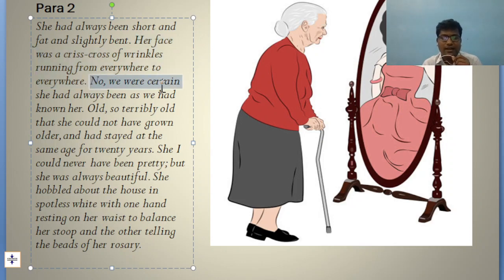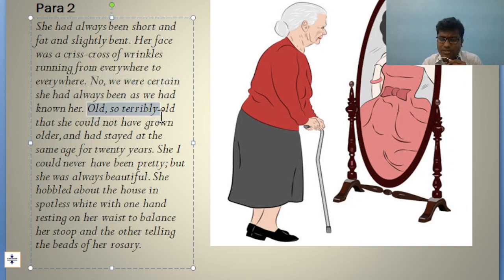Now we were certain she had always been as we had known her. And it might happen, maybe it's a case that someone, when they get very old, stops getting old. I mean, that is the point of saturation. After that, no aging can be felt, no aging can be perceived.